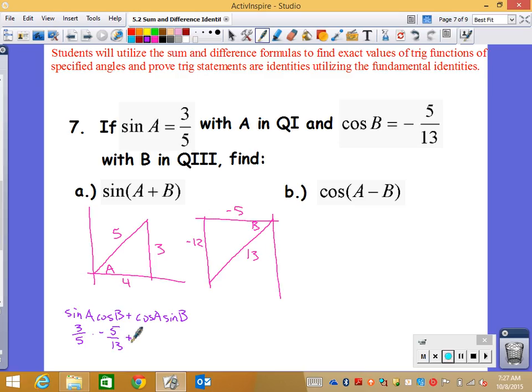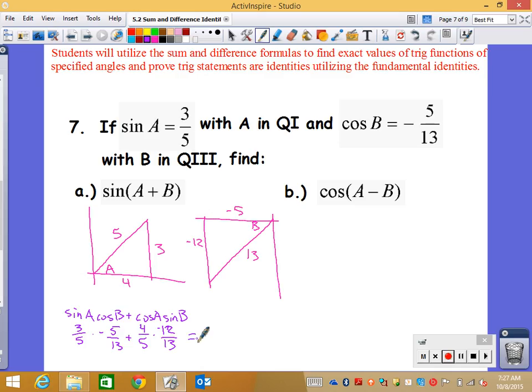Plus cosine of A, adjacent over hypotenuse, 4/5. Times sine B, that's negative 12 over 13, my apologies, I had my hypotenuse mixed up. So it's a negative 12 over 13.